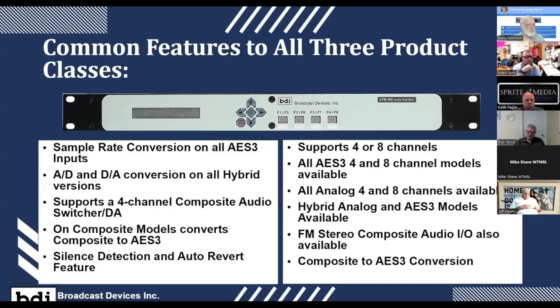So right there, you have about 27 different models that we make within these 3 model classes. On all the digital I/O products, there's sample rate conversion on every input. On the hybrid models, where you can do analog and digital in the same chassis, we do A to D and D to A conversion on all the hybrid versions.